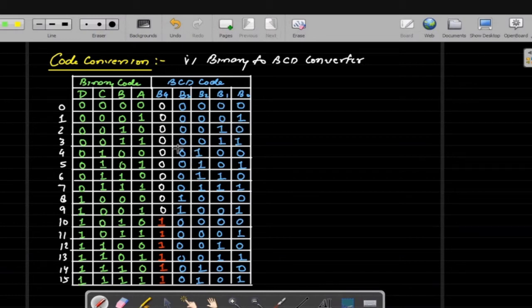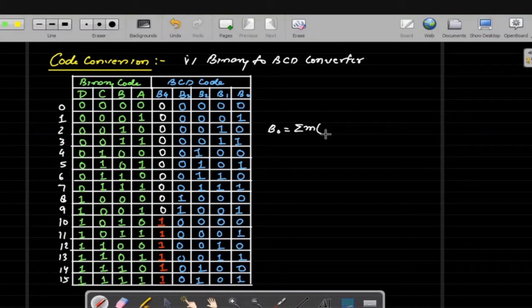If you want to write the B0 expression in general using this table by following the min term approach, then you can write it easily. But that will be an unsimplified Boolean expression. For example, if I want to write the B0 expression.